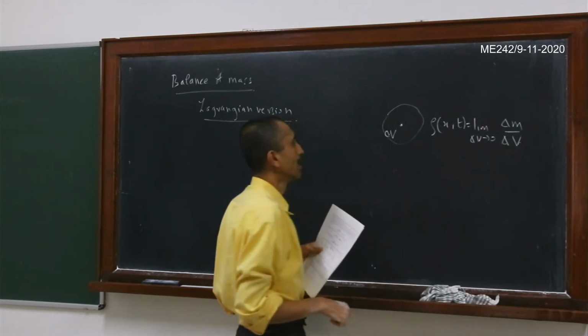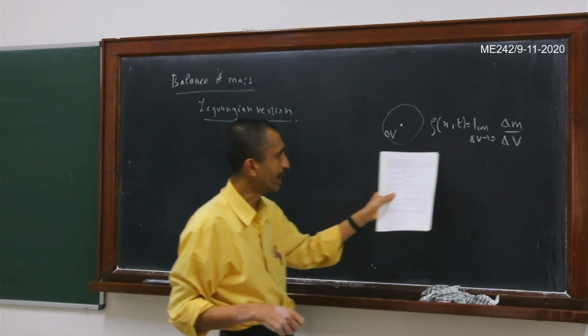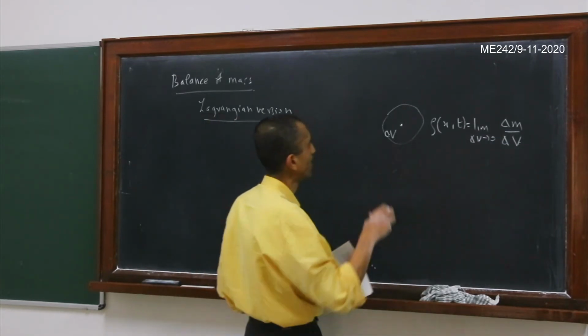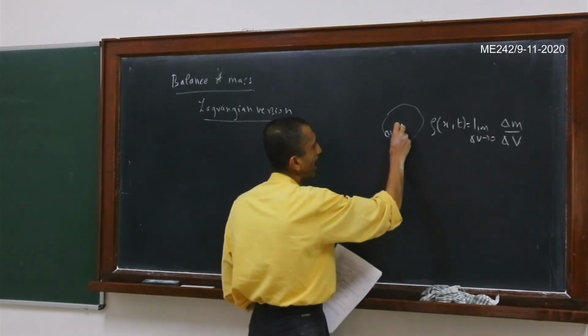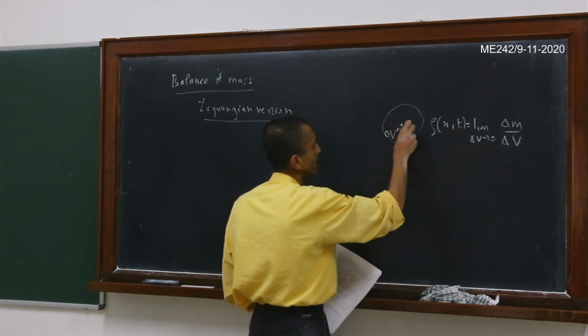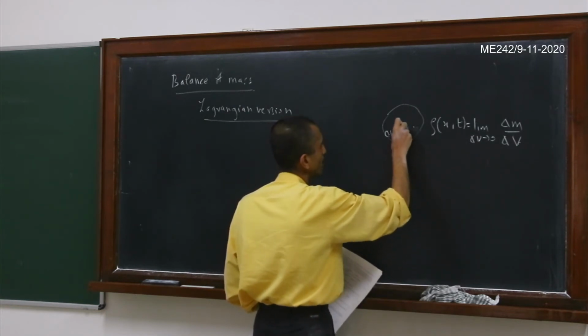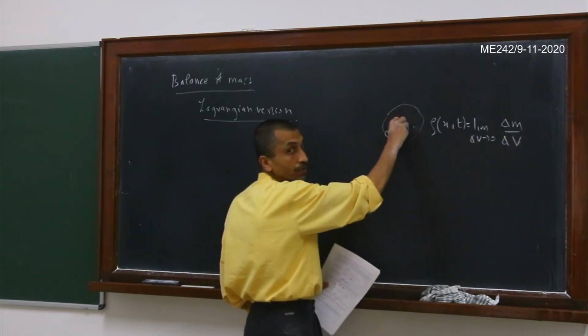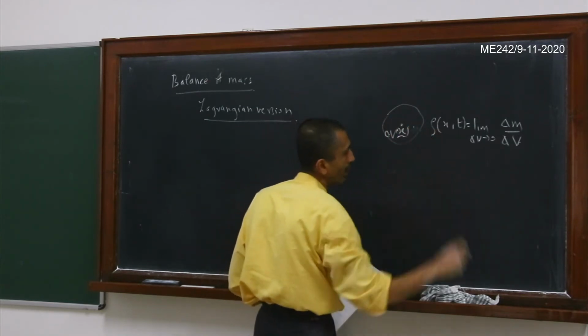Suppose the mass contained within some volume is delta m, and as you shrink this delta v to 0 around this point, at some specific x, whatever limiting value you get, you define as the density.